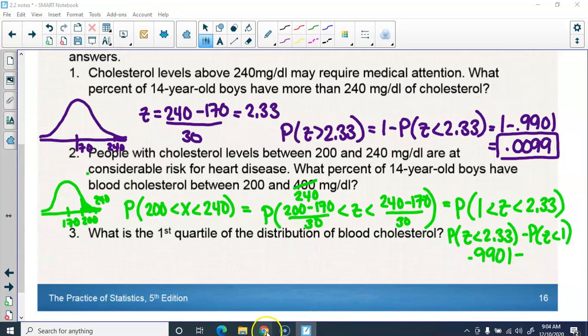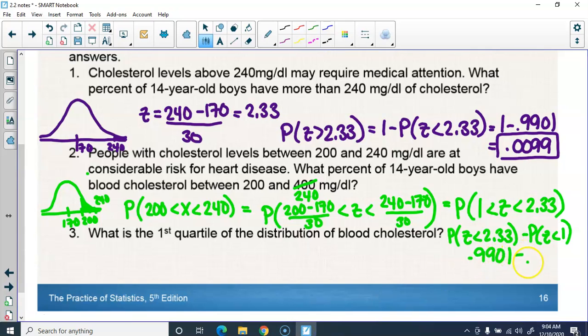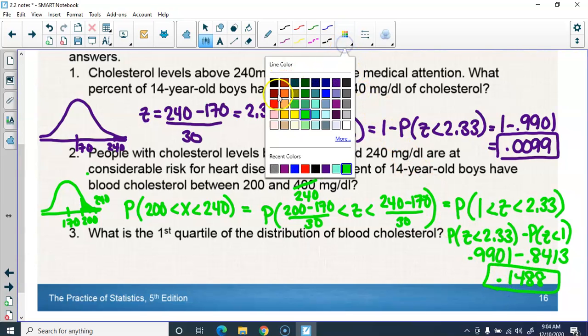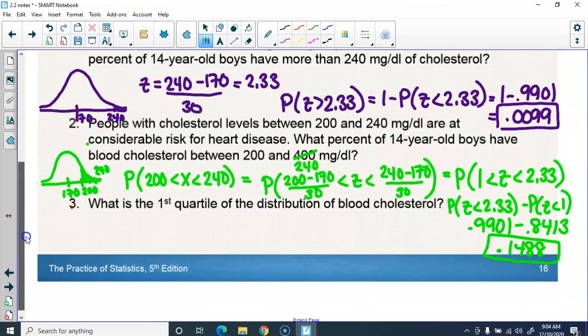And less than 1, 0.8413. Which is 0.1488. So almost 15% of boys are at risk for heart disease.